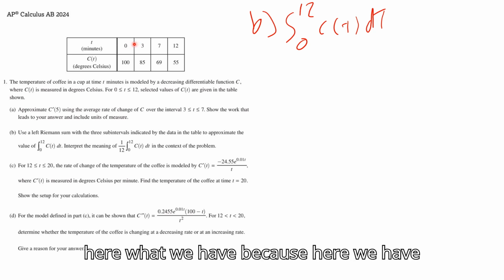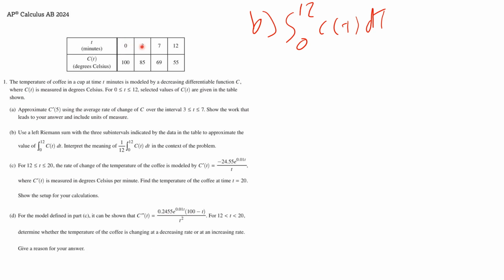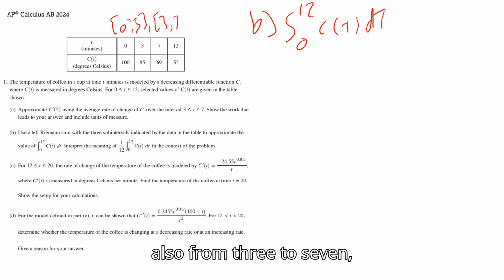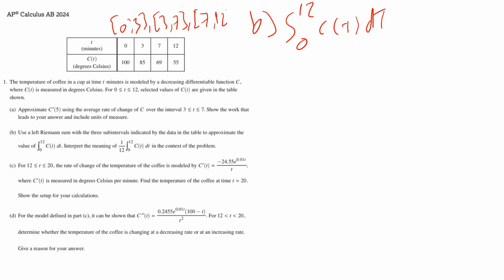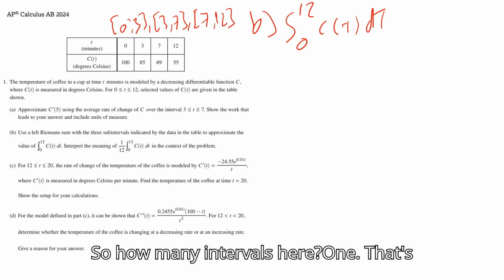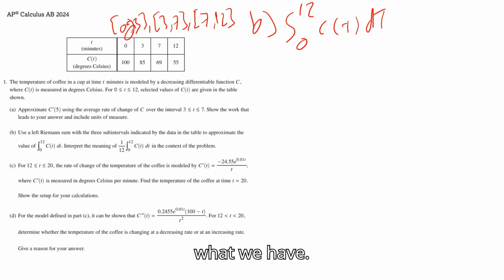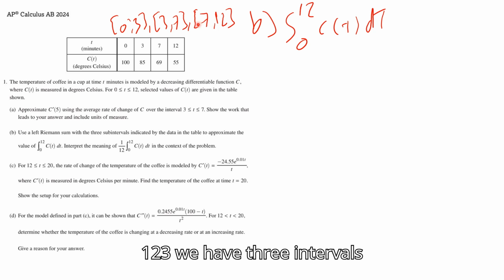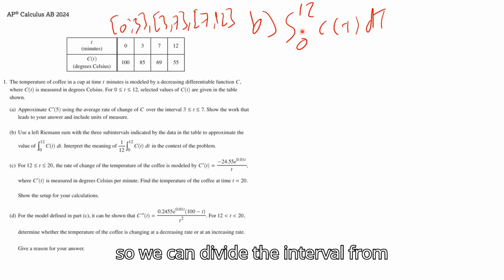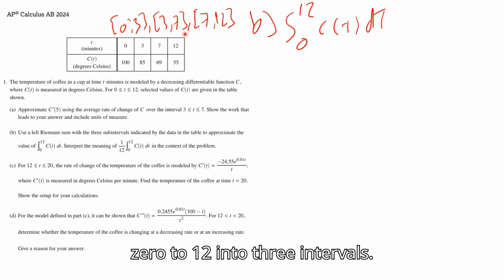Because of the table values, we can divide it from 0 to 3, from 3 to 7, and from 7 to 12. So we have 3 intervals.